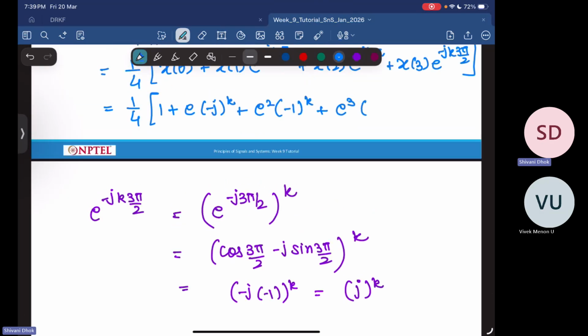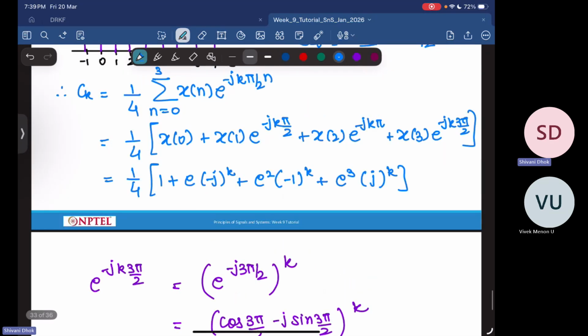So this comes out to be equal to j to the power k. And these are your sequence. Again, this is for k in 0, 1, 2 and 3, and after that it just repeats. This is the unique range. After and before it will just start repeating.